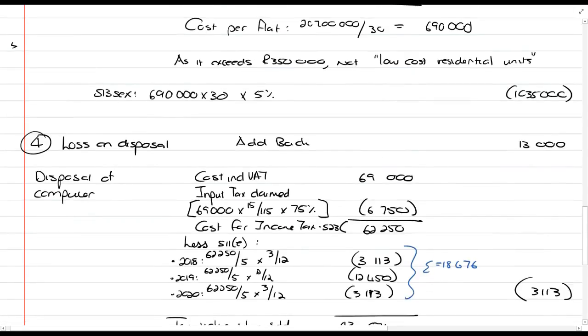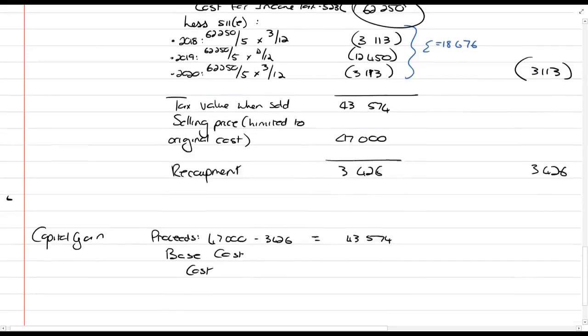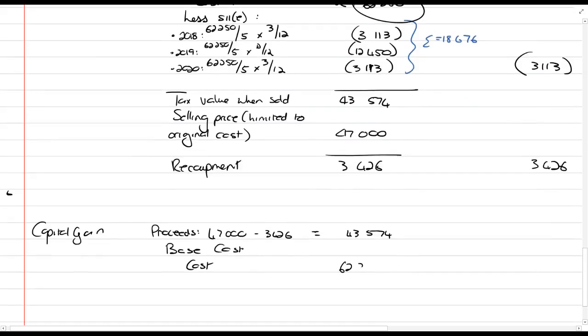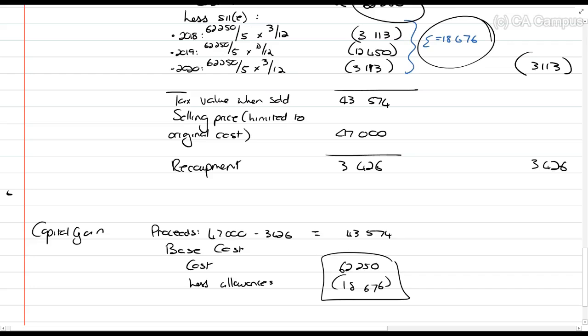Guys, this is the cost that we use. So 62,250, less allowances, which is 18,676, gives us 43,574. So there's no capital gain.